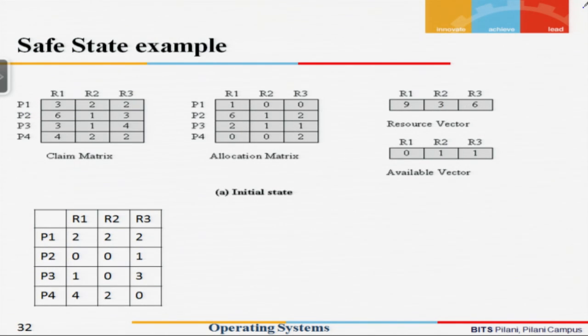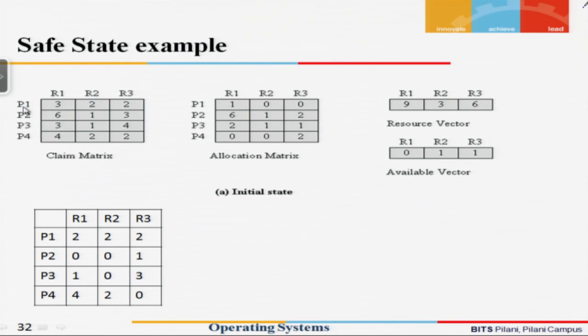Let us take a very simple example to illustrate how we say a system is in a safe state or not, and how we determine a safe sequence. This is a case where we have a claim matrix, which is the maximum claim.